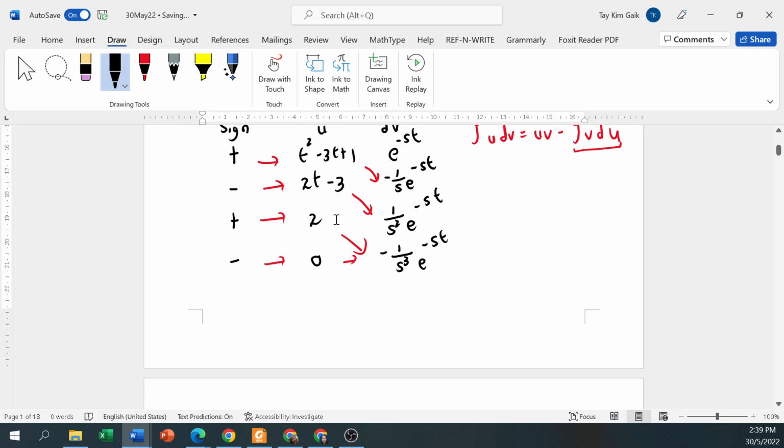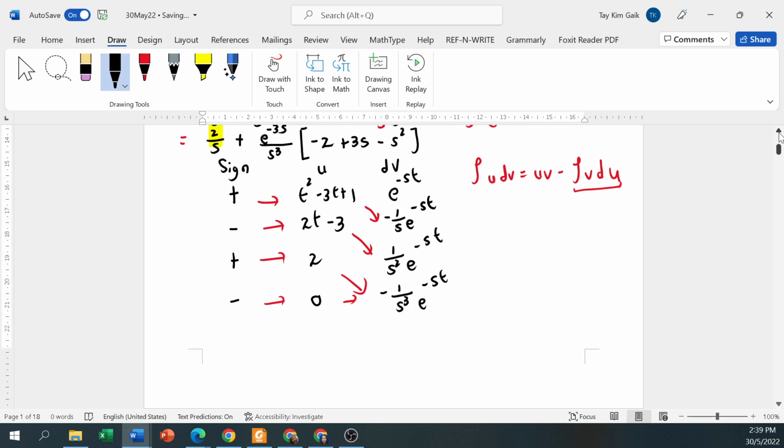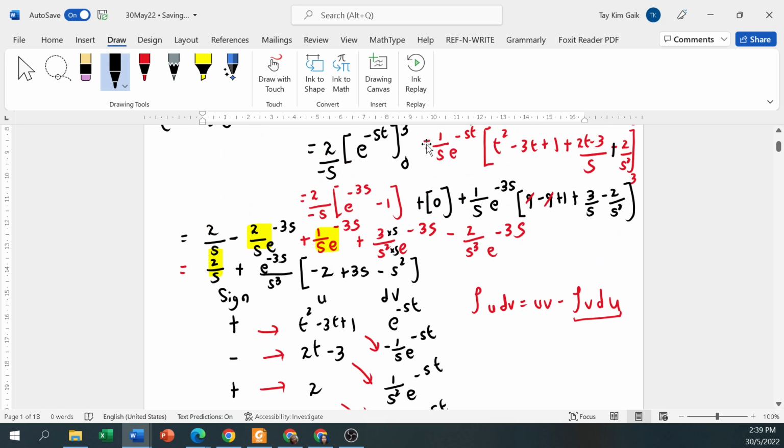Here negative 2 over s cubed, but I factor out negative, so this one is positive. So the answer is 2 over s plus exponent negative 3s over s cubed, bracket 2 plus 3s minus s squared. This is using the definition of Laplace transform.